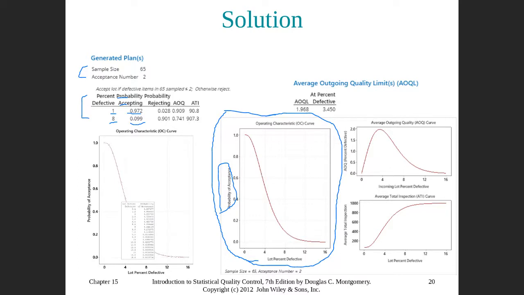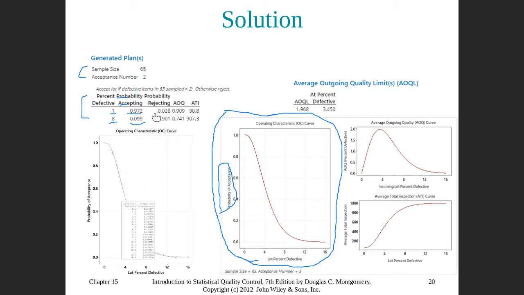Between those two values, or even exceeding the values here of the defective percent, the plot will show you the probability of acceptance. So the probability of acceptance plot shows you, when the percent of defect is achieving or exceeding the AQL or the RQL, what the probability is.